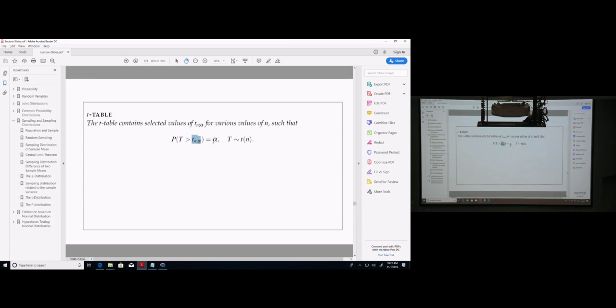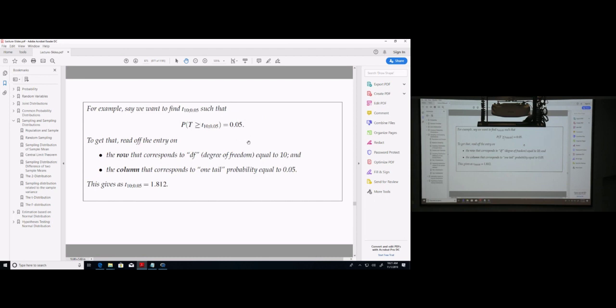So the area is alpha. If t_{n,alpha} is this particular number on the right-hand side of the distribution, then the area covered beyond it is alpha. The n matches with the degrees of freedom here, so you need to do that.